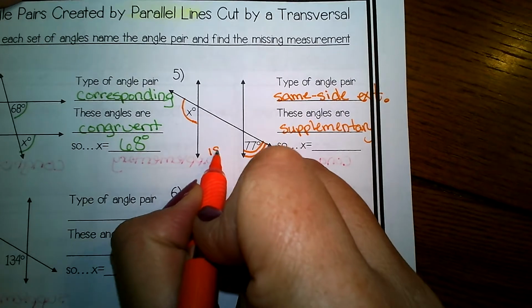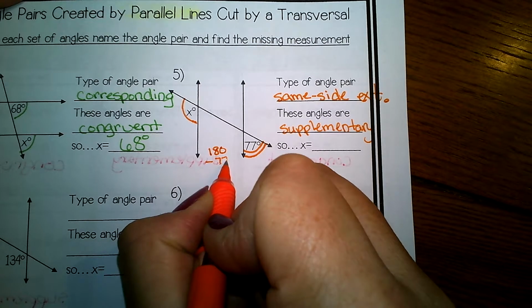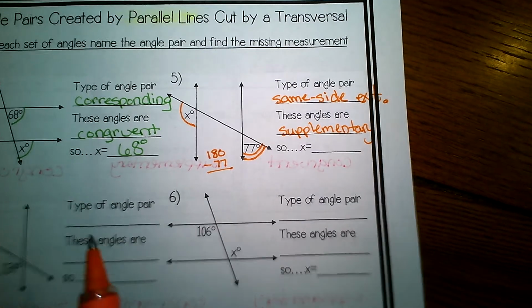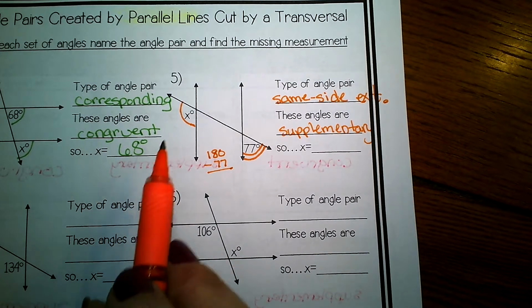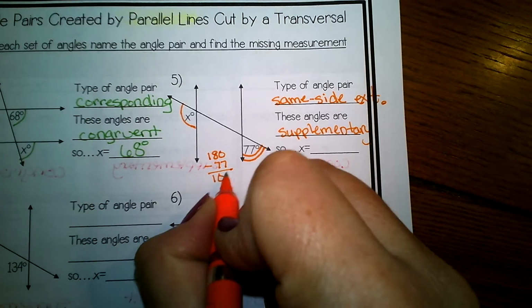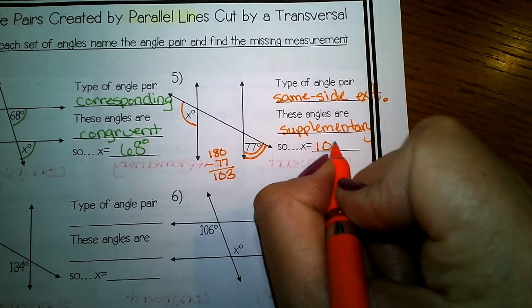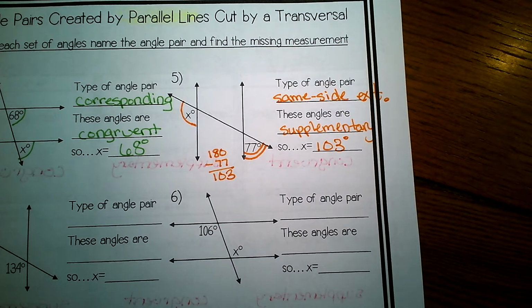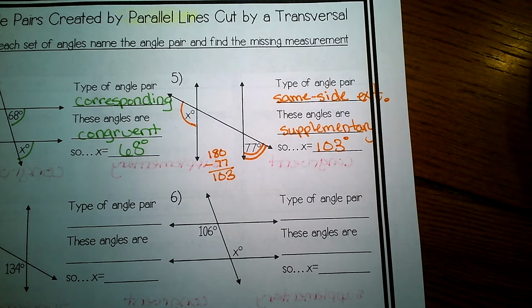So these are same side exteriors, which are supplementary. So to figure out what x is, I need to do a little mental math here. 180 degrees, take away this 77 degree angle, is going to leave me with the obtuse angle here, which would be 103. So x is 103 degrees.